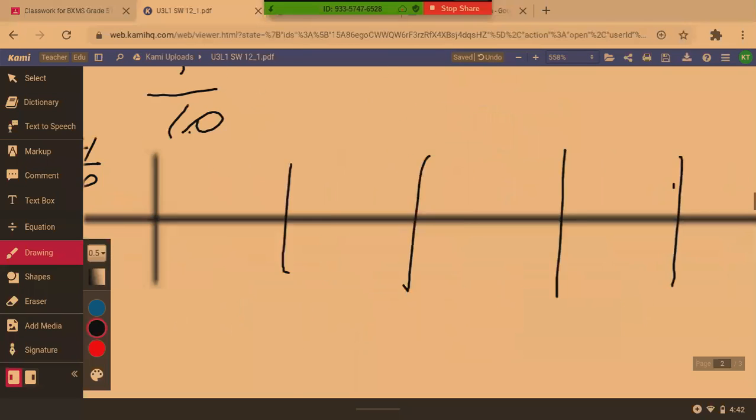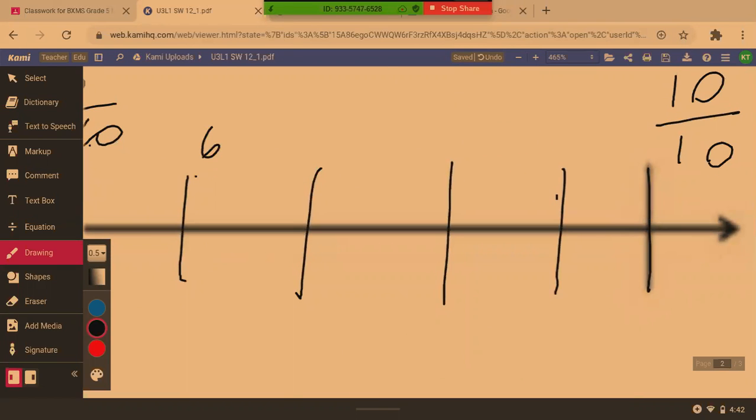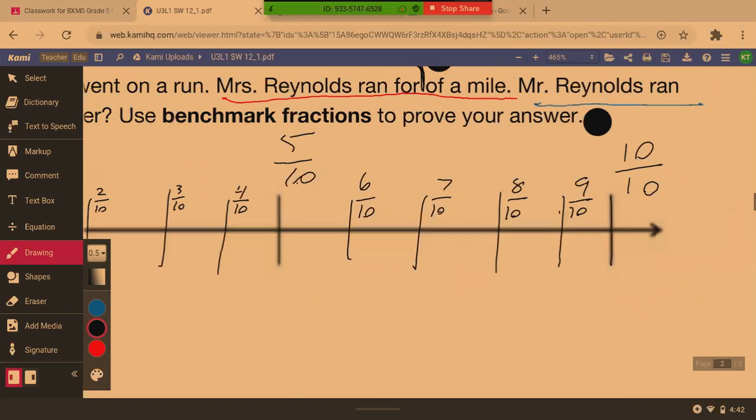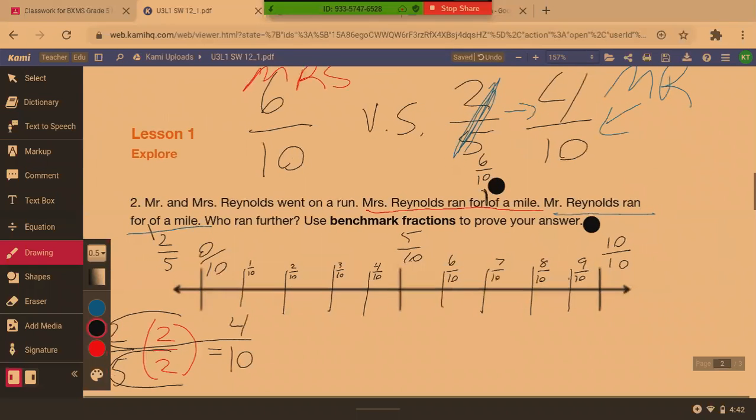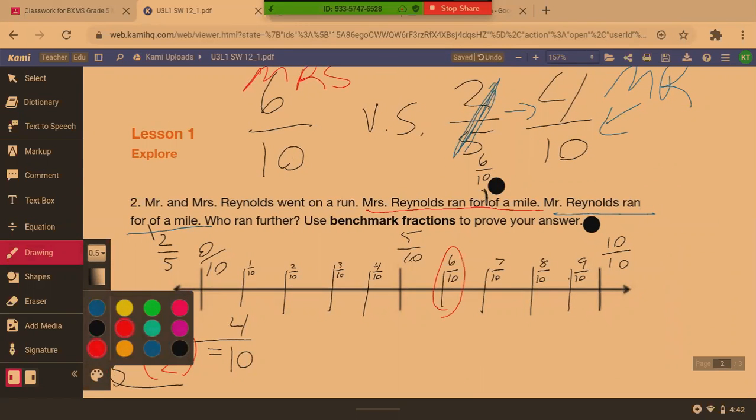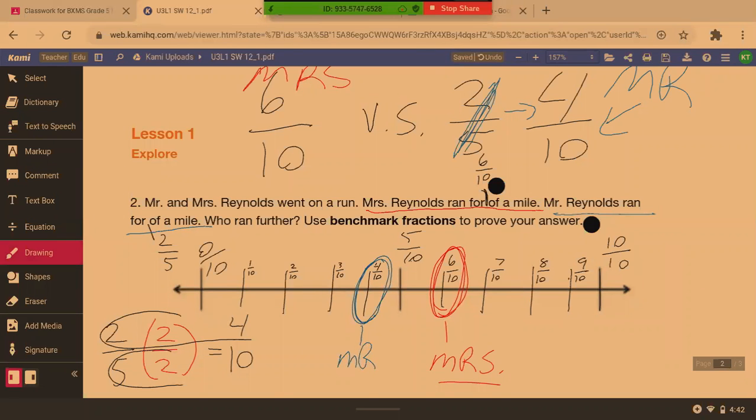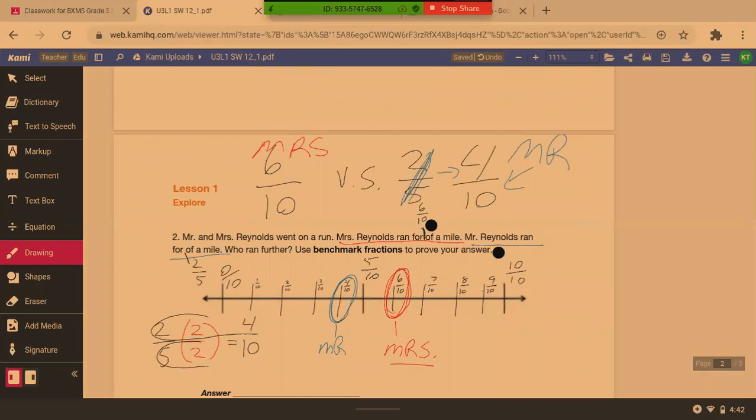Then we have 5/10, 6/10, 7/10, 8/10, 9/10. All right. So Mrs. Reynolds was 6/10, and that is right here. Mr. Reynolds was 4/10. That is right here. So we can see that Mrs. Reynolds ran the furthest.